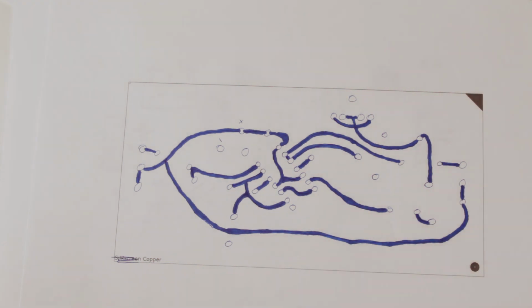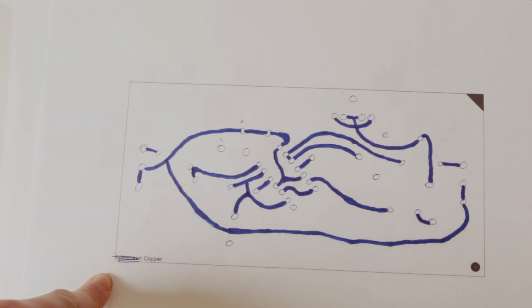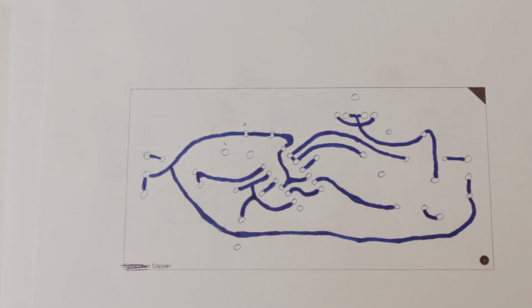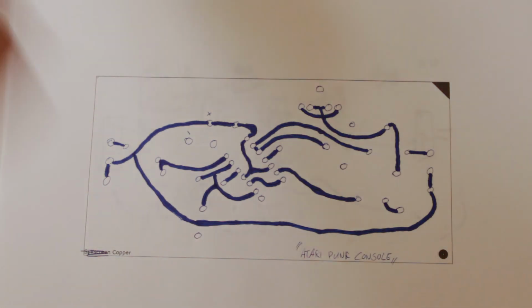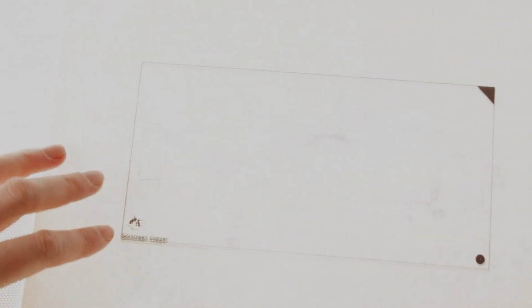And there we go, that looks pretty good for a copper layer. Okay, there we go. So now I can take my next template and I can draw the silkscreen on here.